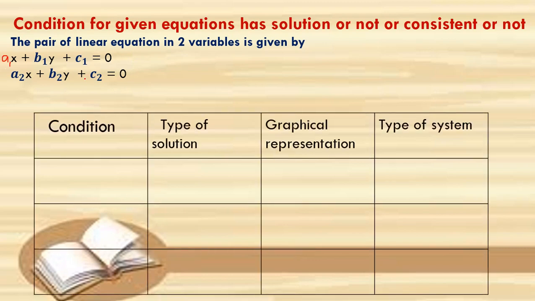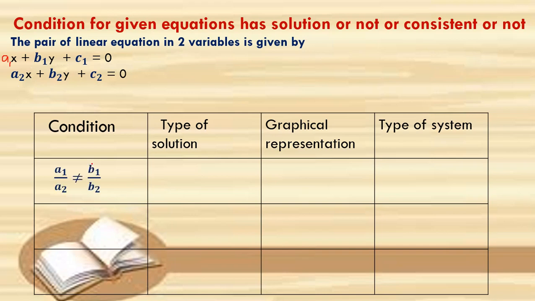First of all, we have to find the coefficients of the variables in both equations. The coefficients of x and y in the first equation are a1 and b1, and the constant term is c1. Similarly, the coefficients of x and y in equation number 2 are a2 and b2, and the constant term is c2.